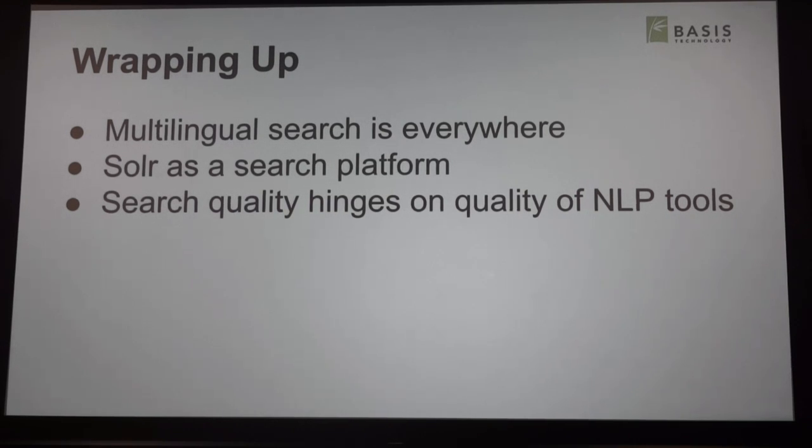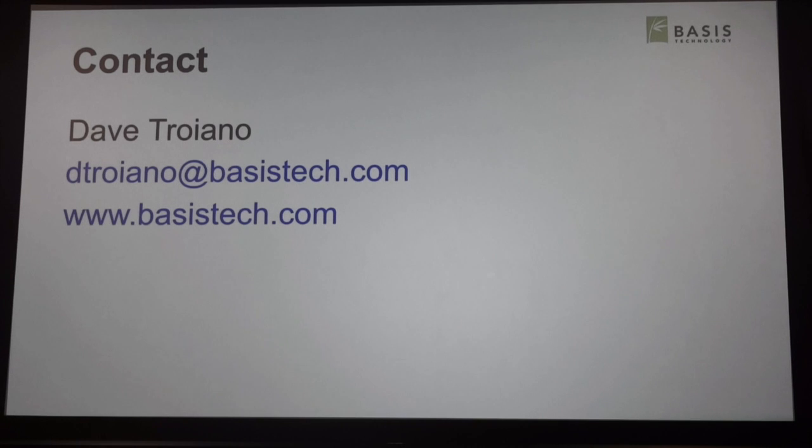So you need quality normalization, quality tokenization, et cetera, to build quality search. Everything starts at your NLP pipeline at query time and index time. That's it. Any questions?